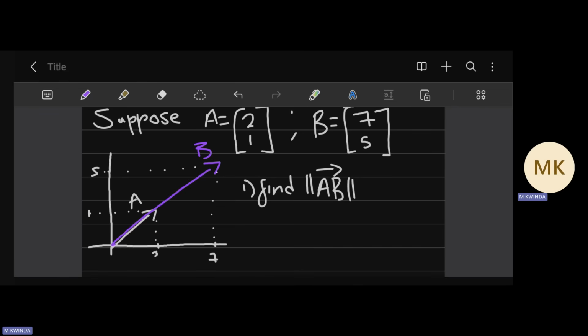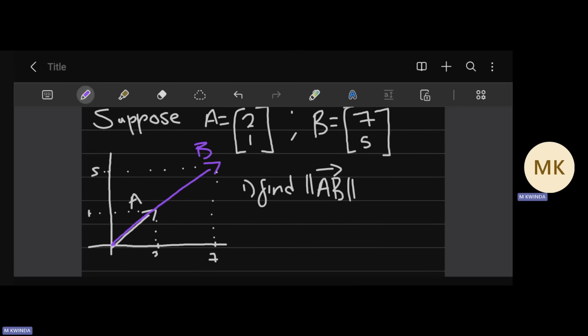Other ways to represent A, you would have A being equal to 2i plus 1j. Instead of 1j, you can just have j like this, right? So A is the same thing as this, and B you can also represent like that.